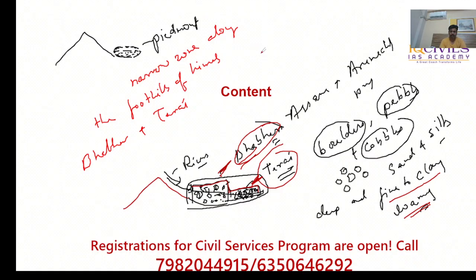The texture of Tarai soil is sandy to silty. I mean, the texture is somewhat finer than the Bhabbar, where the texture is boulders, pebbles, and cobbles. So basically sandy to silty loam and they remain saturated with water. Tarai region is always saturated with water.